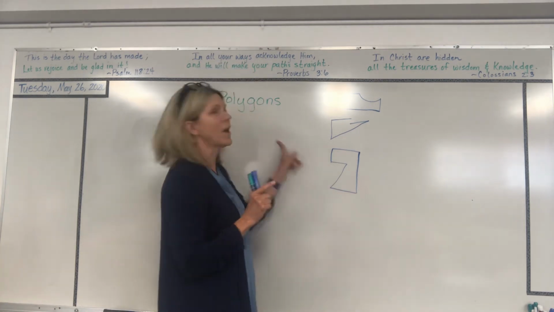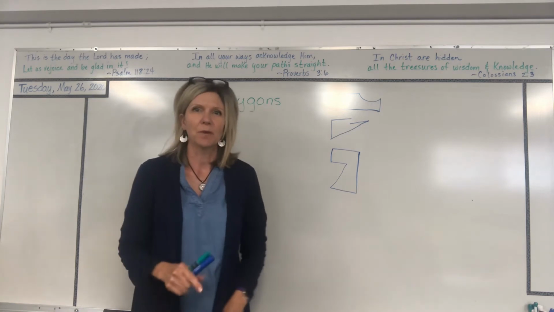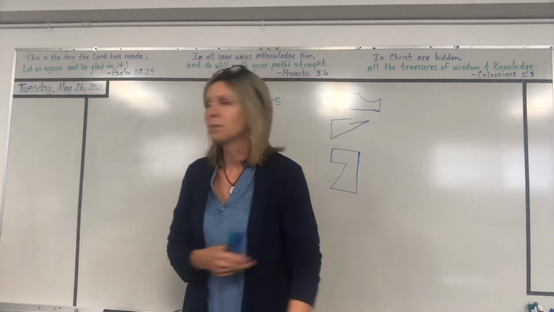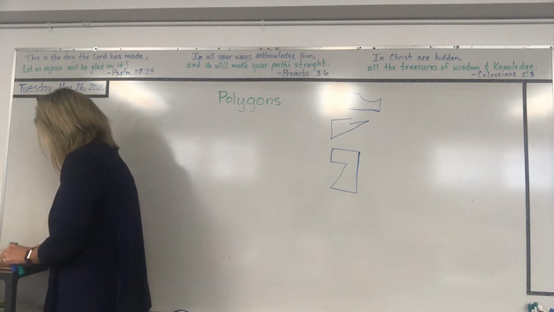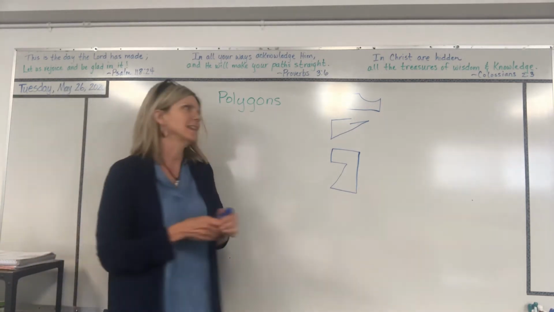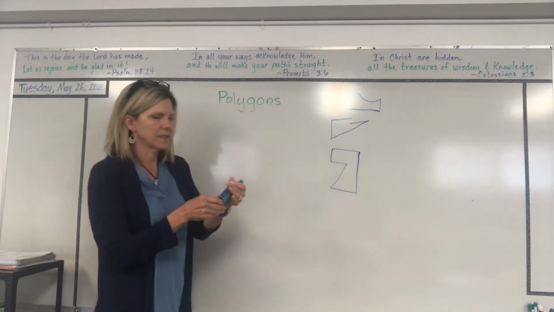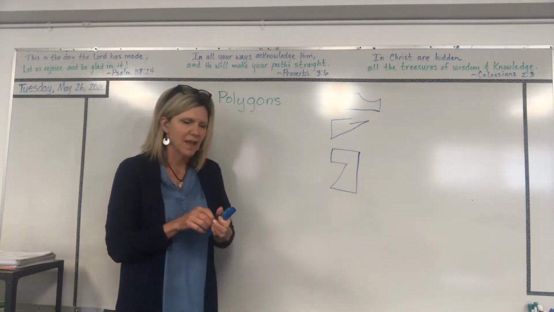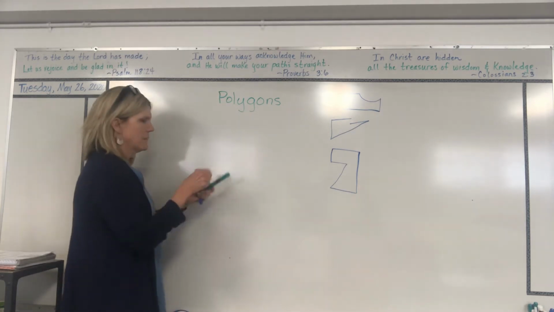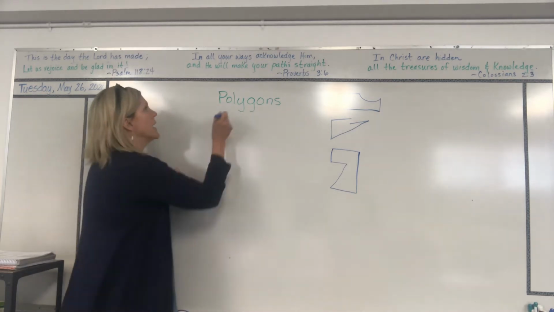But anyway, polygons, that's a math term. I'm going to tell you what it means. Poly, I'm going to look over here at my notes because I forgot. Poly, that's right. I have a feeling that this comes from Latin or Greek, but it comes from one of those. And poly means many. Poly means many.